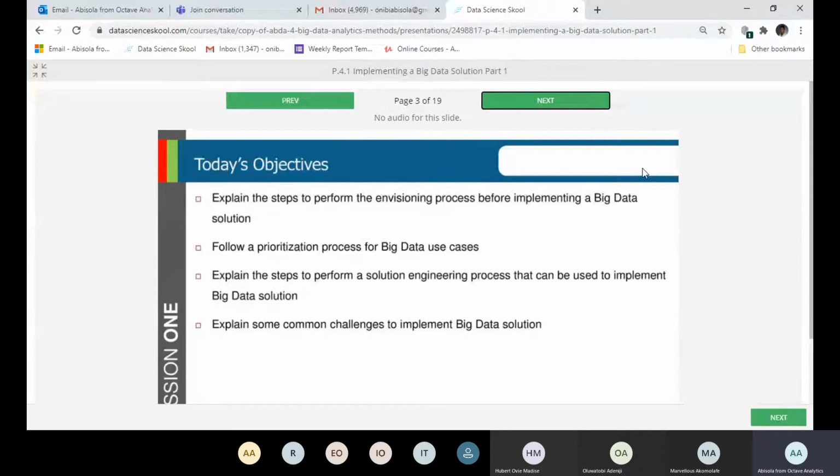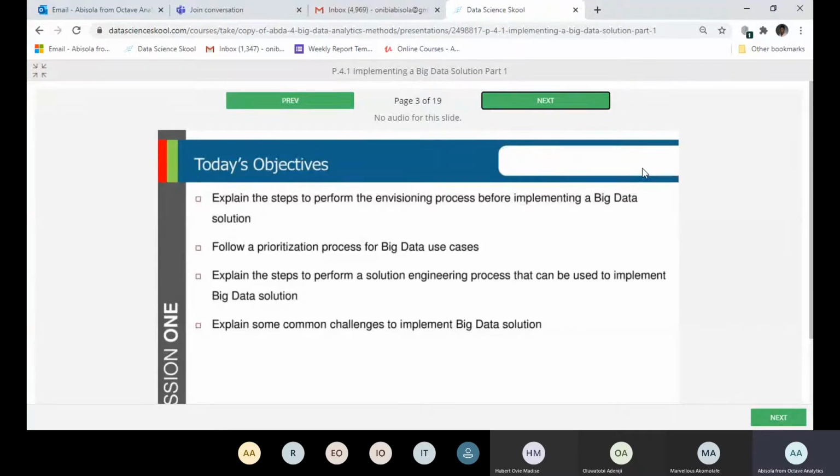You need to go through some processes, and these processes are encompassed in the phrase solution engineering process. So the solution engineering process is the set of processes you would take when you want to implement a big data solution.